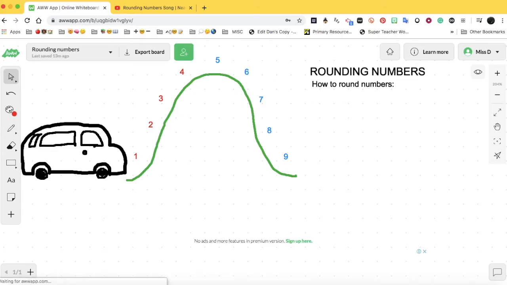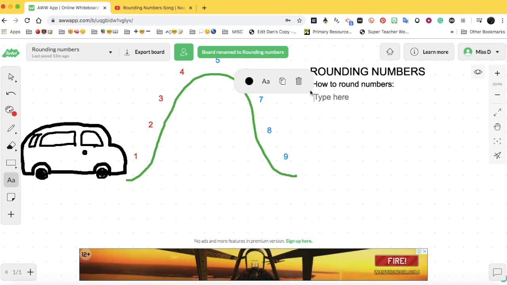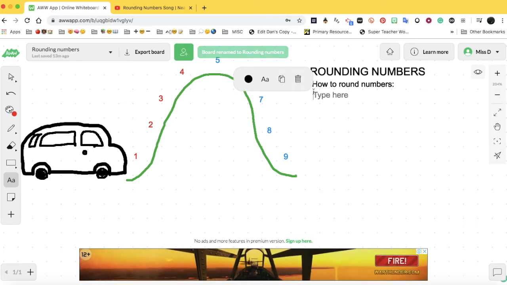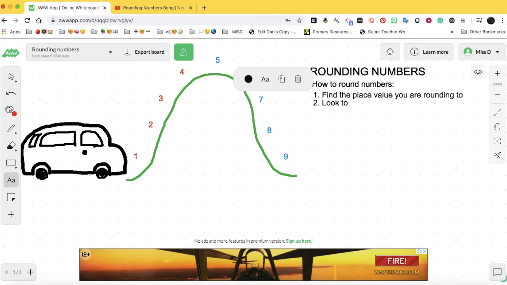So we'll stop there. So, the key steps for rounding numbers. What can you remember that was in the video? Number 1, find the place value you are rounding to. Look to the right.